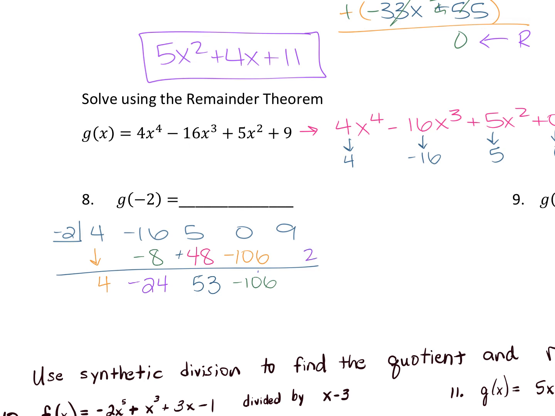Carry the 1. 2 times 0 is 0 plus 1 is 1. And 2 times 1 is 2. Double negatives, so you add these two, and you get that 221 is your remainder, which is your answer. So g of negative 2 is 221.